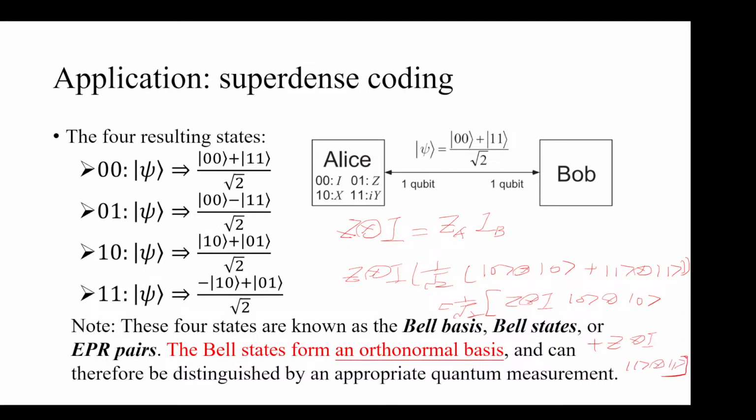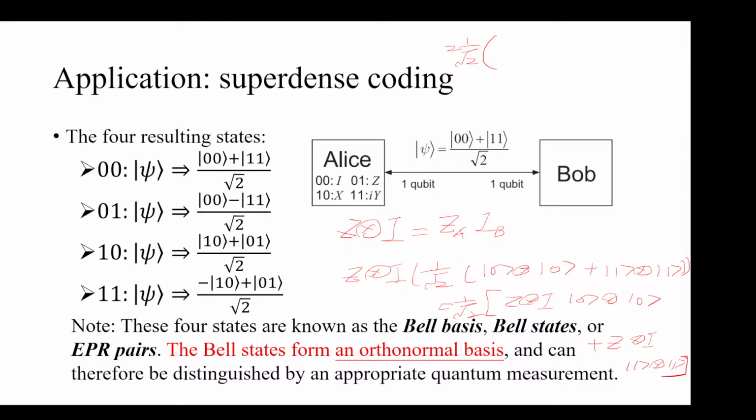And this thing is 1 over square root 2 still here. And then we just use our tensor product: multiplication of tensor products is done on each register separately.